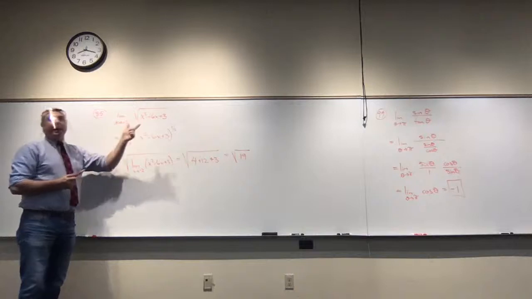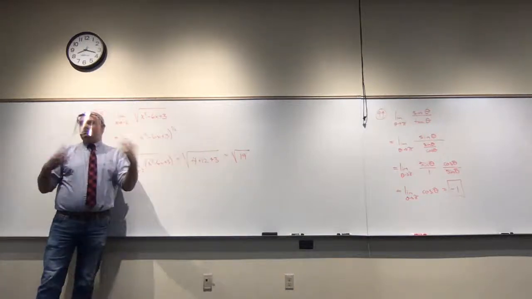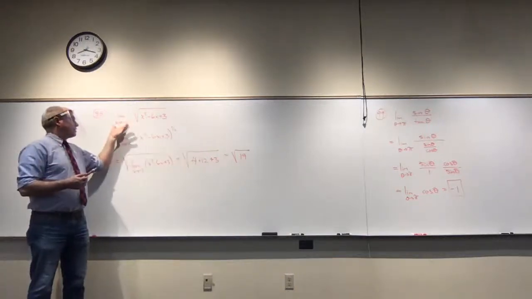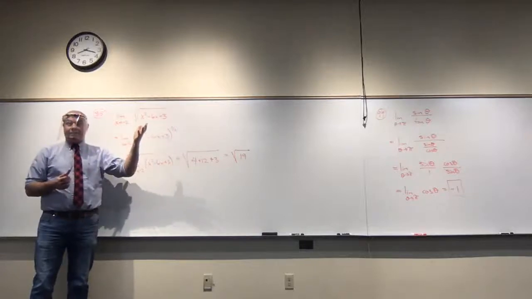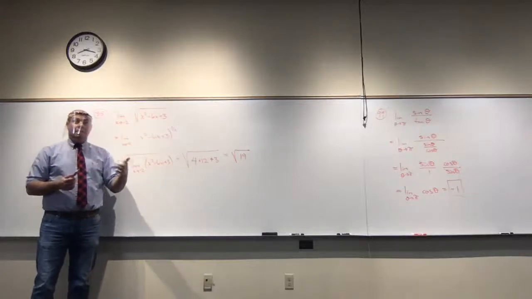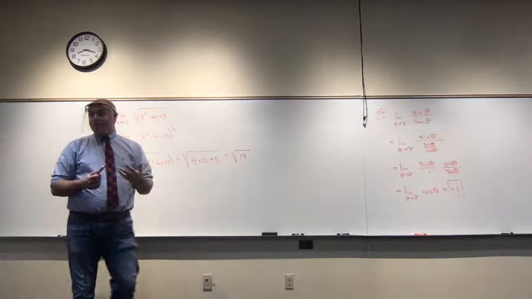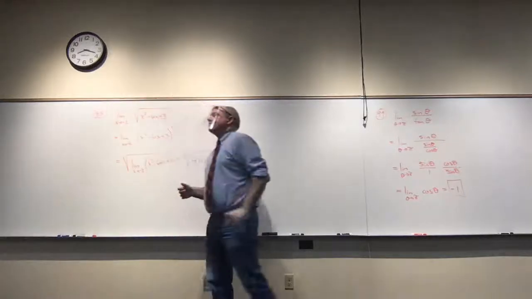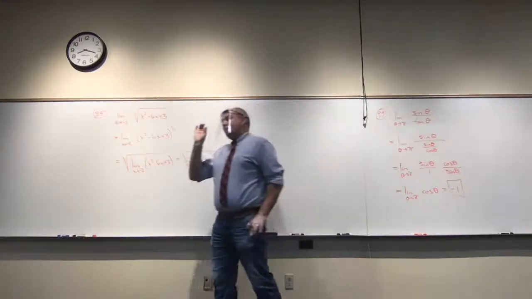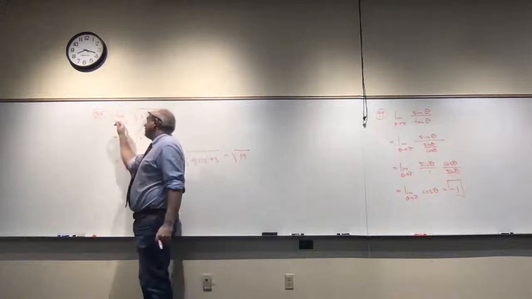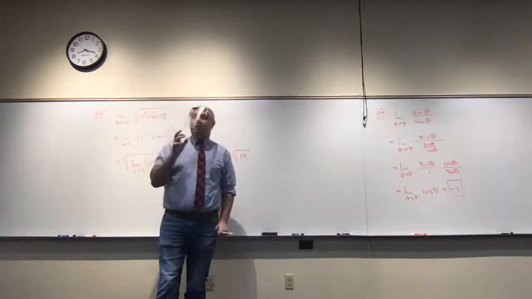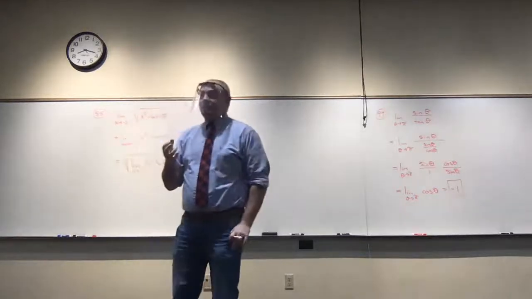And then you might ask the question, okay, you moved the limit through the square root. Did you have to? Or could you just have plugged in the -2? Well, obviously, if I would have just plugged in the -2, I get the right answer. But can you always just do that? And the answer is yes, as long as you're not ever creating division by 0.